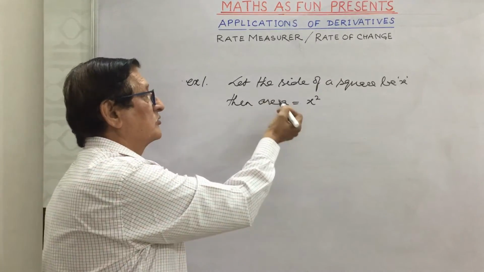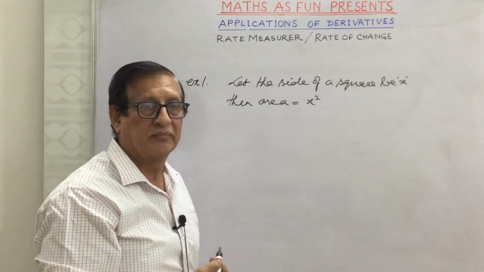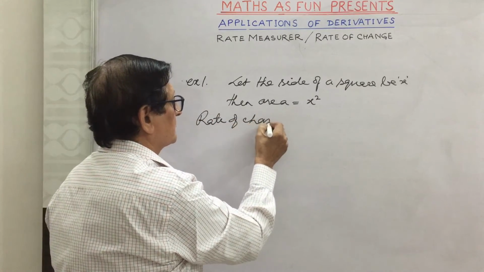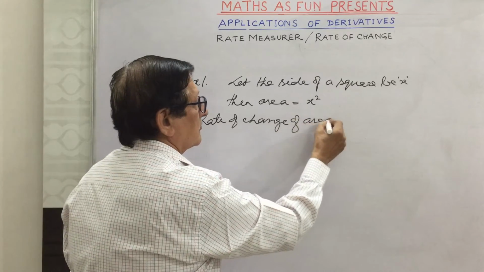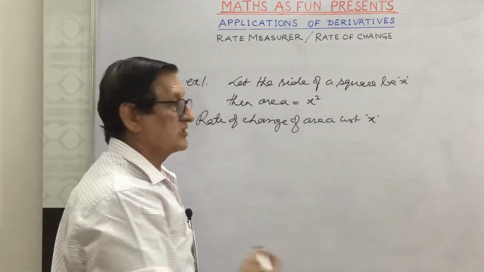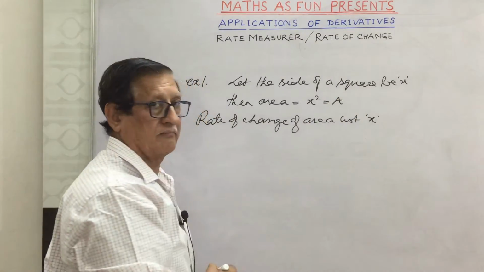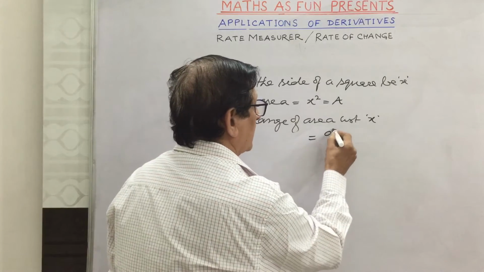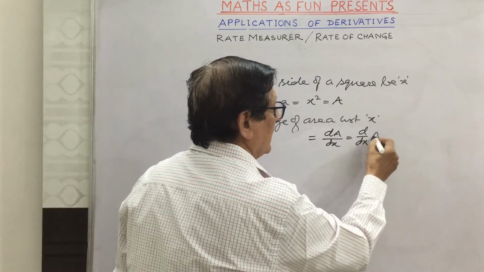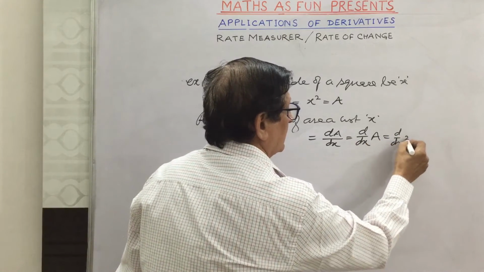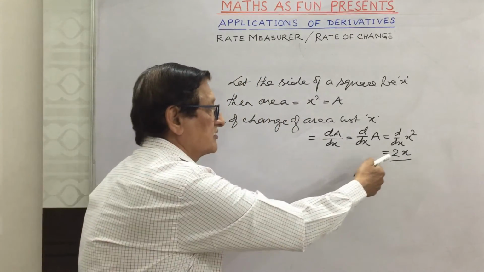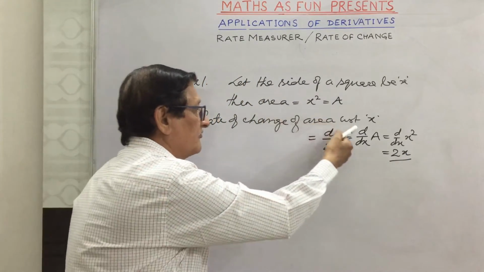In case we want to find out the rate of change of area with respect to x, suppose we represent this area by A, which will be given by dA upon dx. We can write this as d by dx of A, or d by dx of x square, which is equal to 2x. So 2x is the rate of change of area with respect to the side.